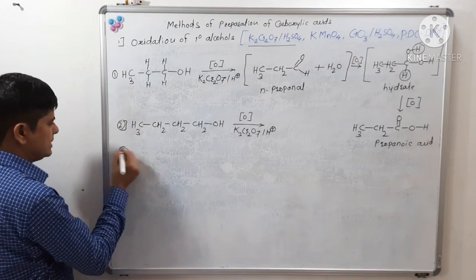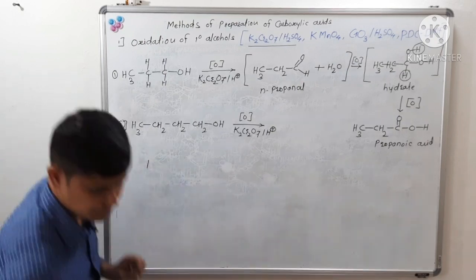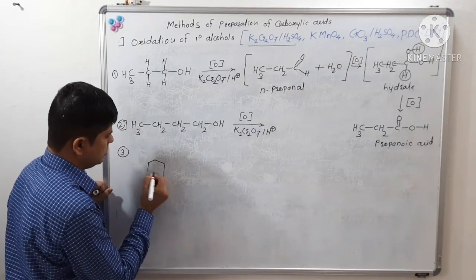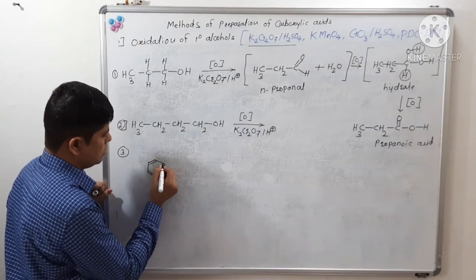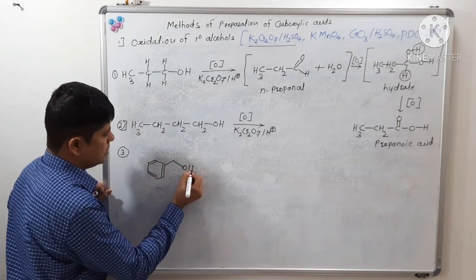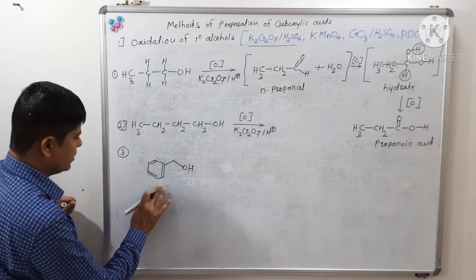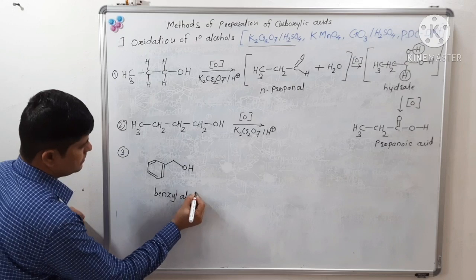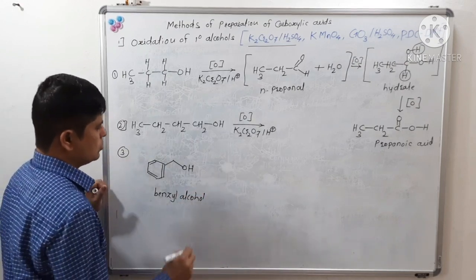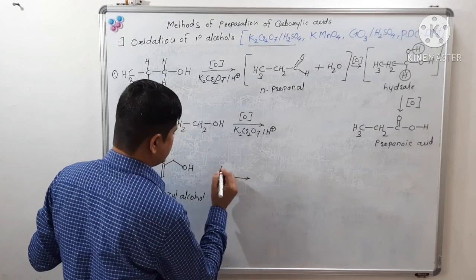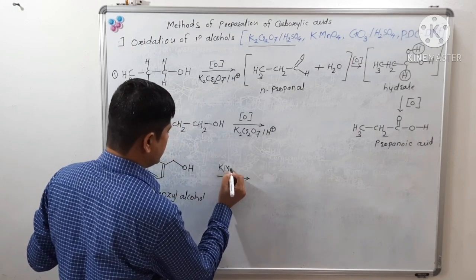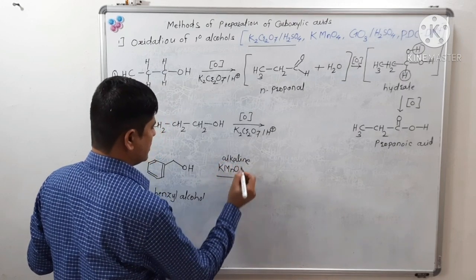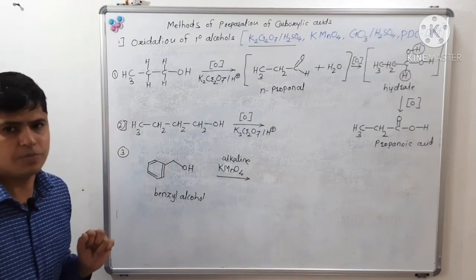Now, for the third example, we will see oxidation of benzyl alcohol. Benzyl alcohol can be oxidized by using alkaline KMnO4, that is potassium permanganate.